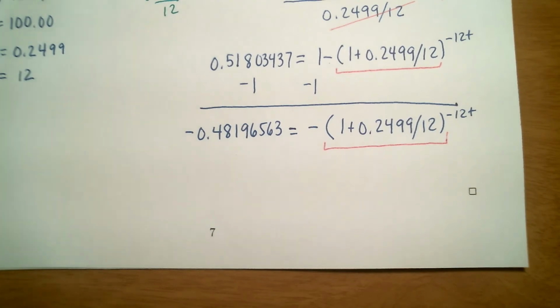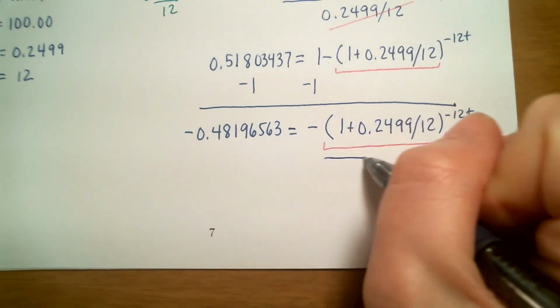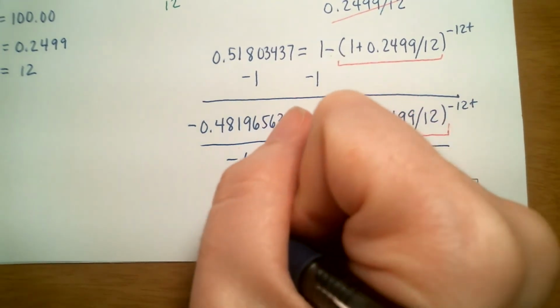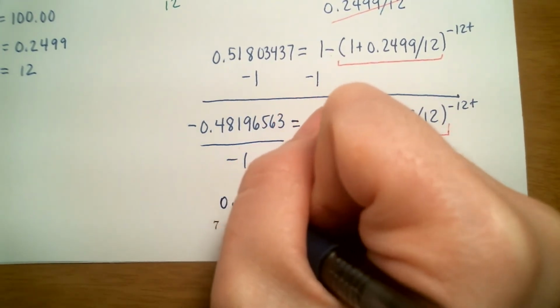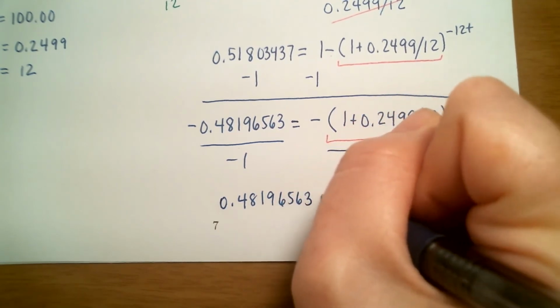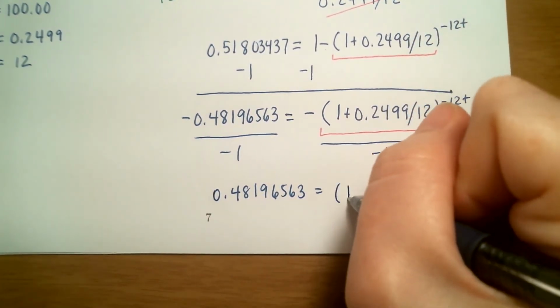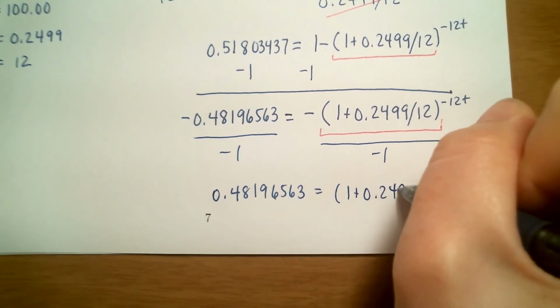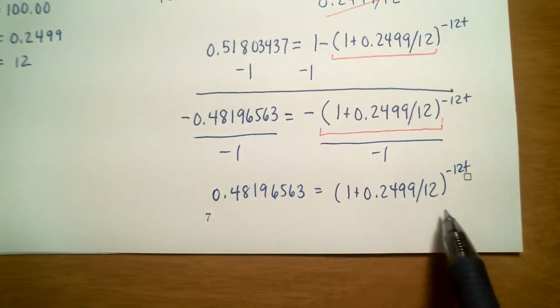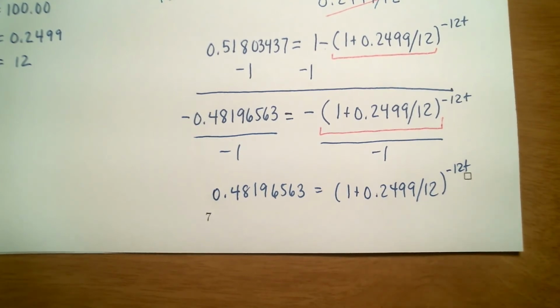So what we're going to do is just multiply both sides by -1. So that's going to give us this. And now this quantity is isolated.